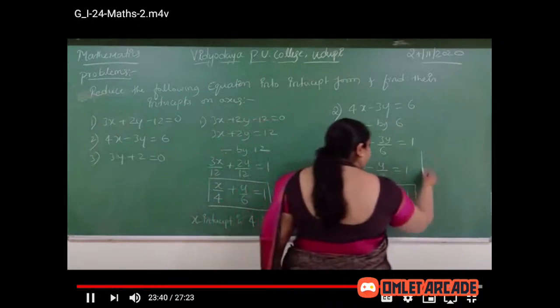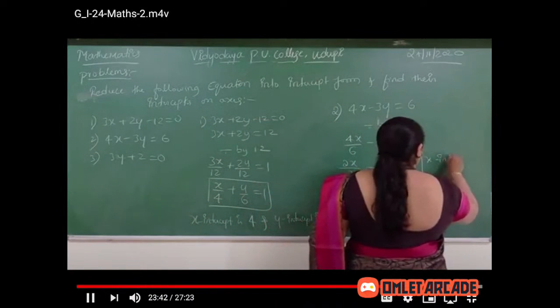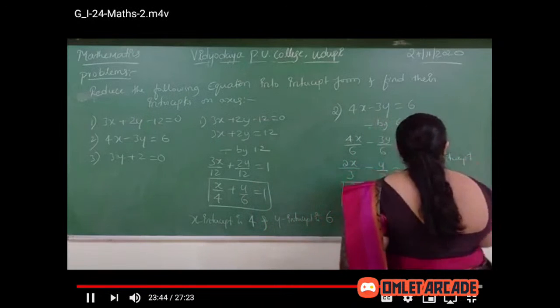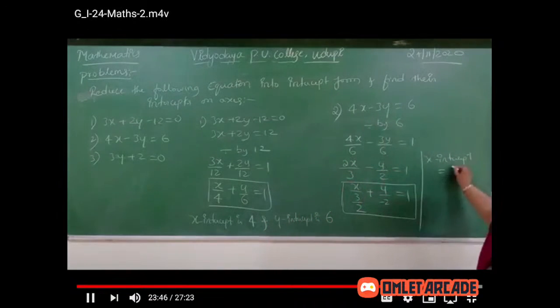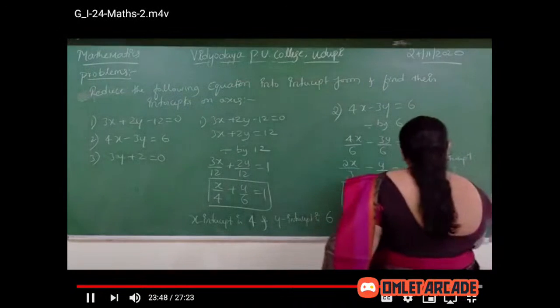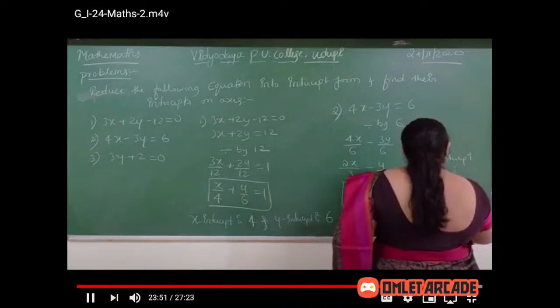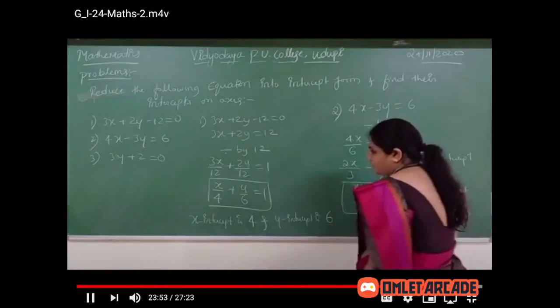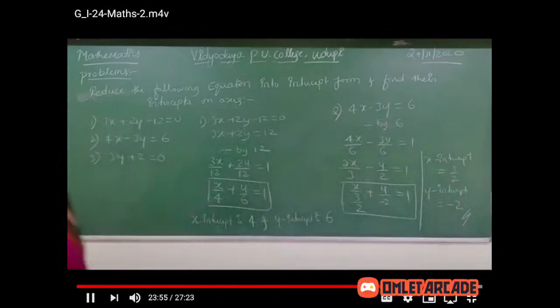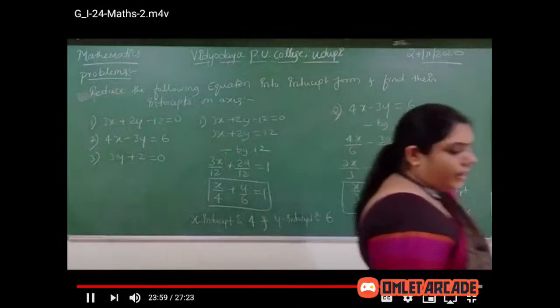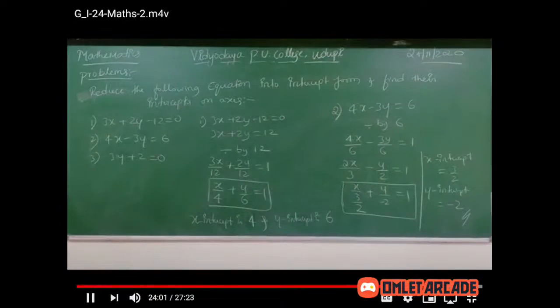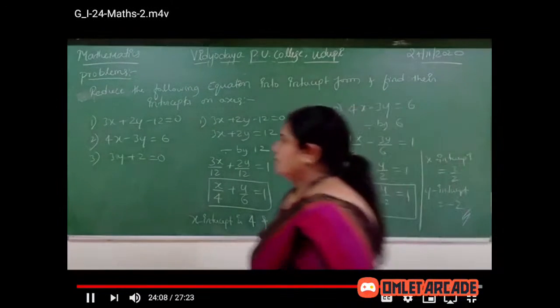Here the x-intercept is 3 by 2. The y-intercept is minus 2. Minus 2 actually represents that the line passes through the y-axis on the negative side. That's it. So the y-intercept is minus 2. It's very simple, isn't it?